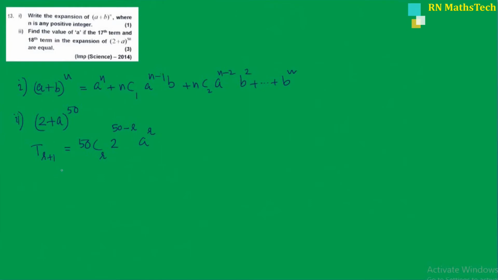To get the 17th term, put r equal to 16. Then t17 is equal to 50c16 2 raised to 50 minus 16 a raised to 16. That is 50c16 2 raised to 34 into a raised to 16.